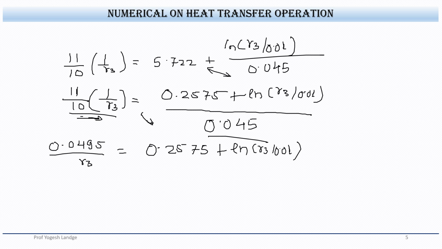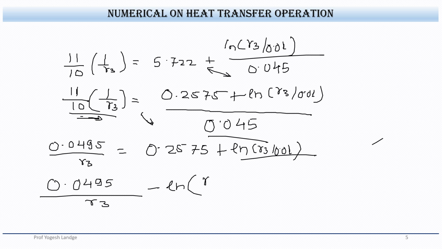Now I just take this term to the left-hand side, so I write 0.0495 divided by R3 minus ln of R3 by 0.01 is equal to 0.2575.